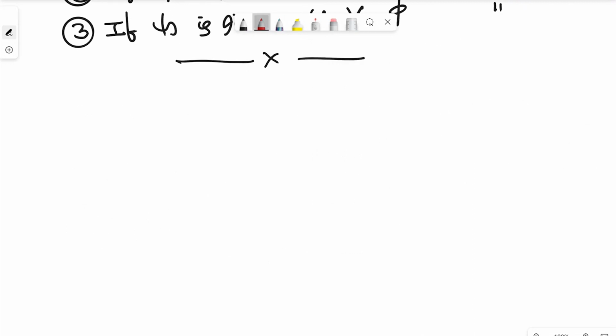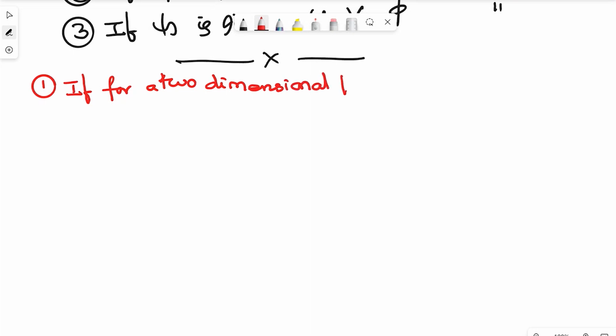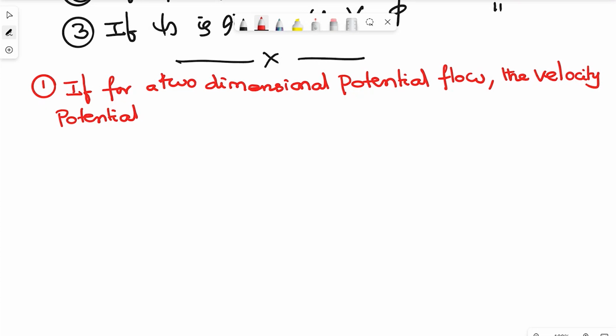Problem 1. For a two-dimensional potential flow, the velocity potential is given by phi is equal to x into 2y minus 1.